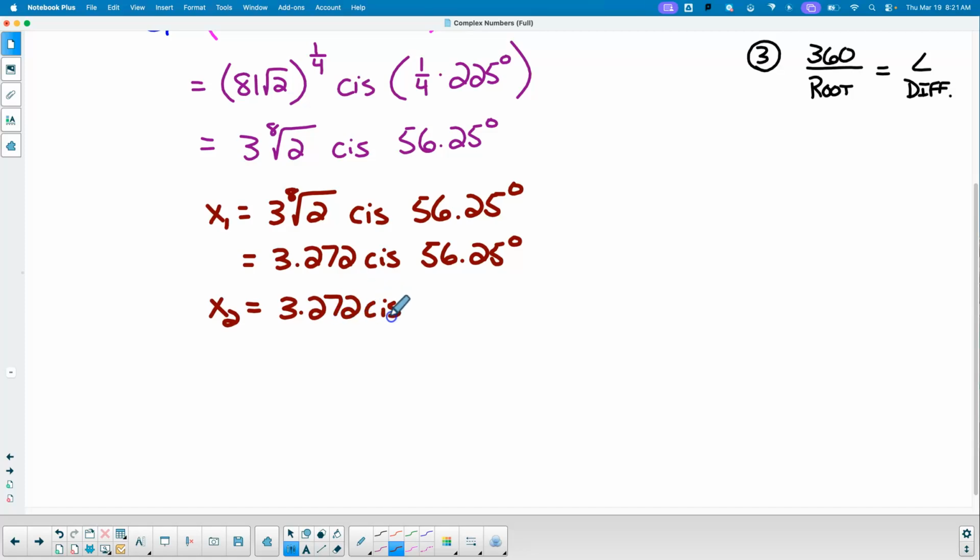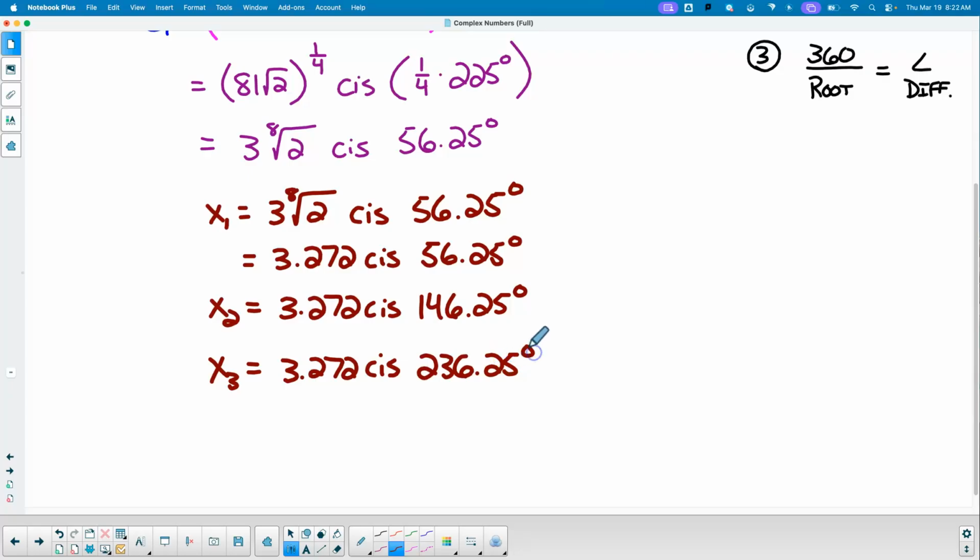3.272 cosine I sine of 146.25 degrees. My third root would be 3.272 cosine I sine of 236.25 degrees.